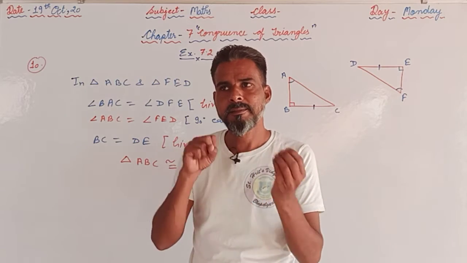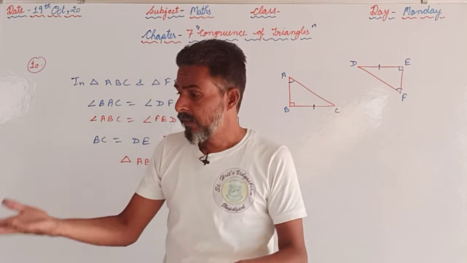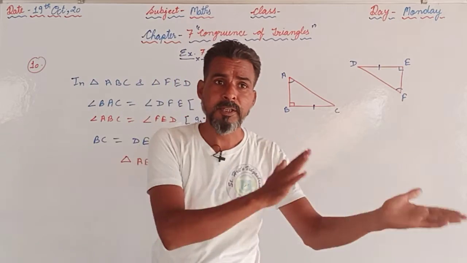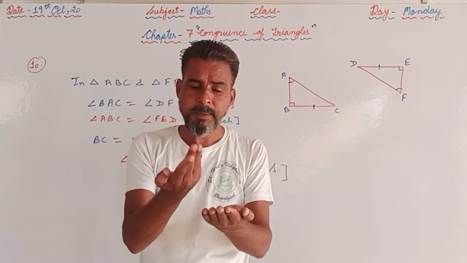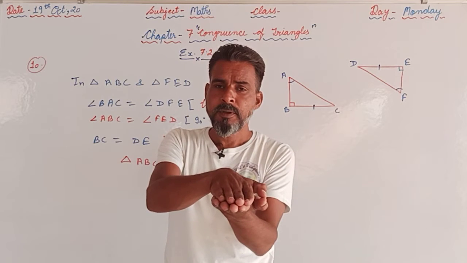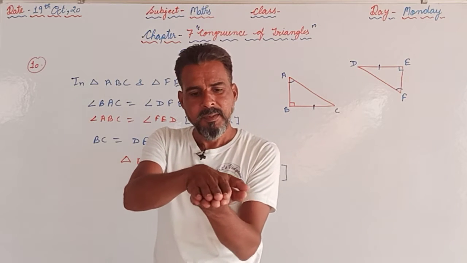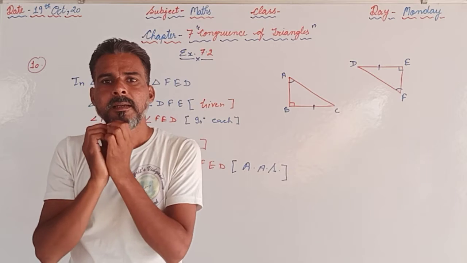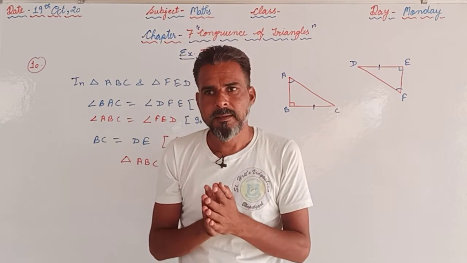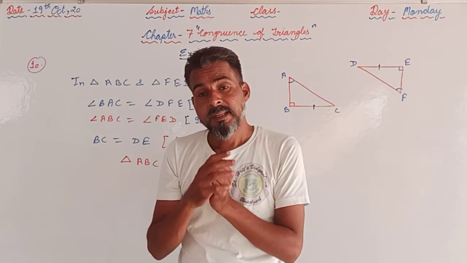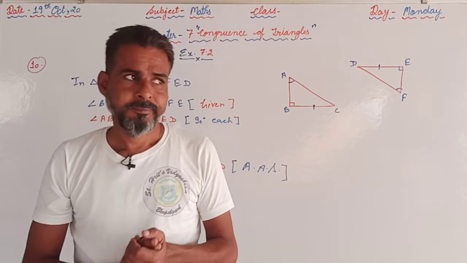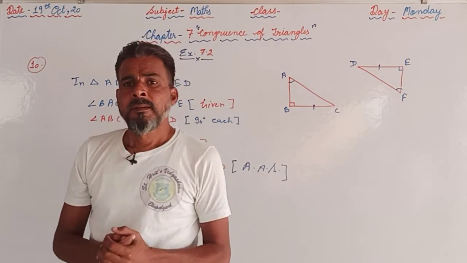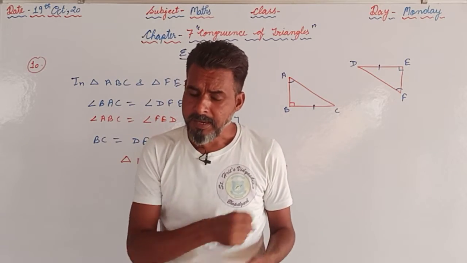Triangles have 3 sides and 3 angles, so corresponding angles should be equal and corresponding sides should be the same. If we put one triangle on another, it should completely overlap, and it can overlap only when the corresponding angles and corresponding sides are equal. Afterwards, we have discussed the criteria.